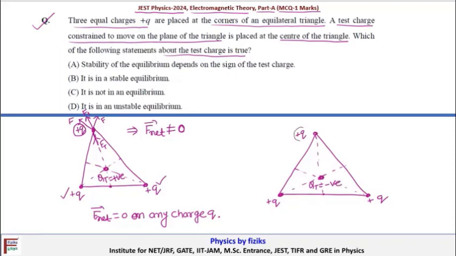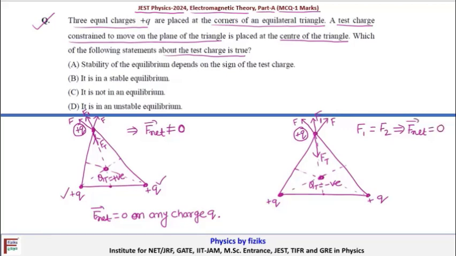Again, let's see what will be the force on this. So due to this, force will be in this direction, due to this, force will be in this direction. This is the force, and their resultant will be along this line. Let's say this will be F1. But if we consider negative charge, force on the plus q charge will be in this direction. This is the force due to the test charge. So now we can equate under this condition. When F1 is equal to F2, we will get net force to be 0.